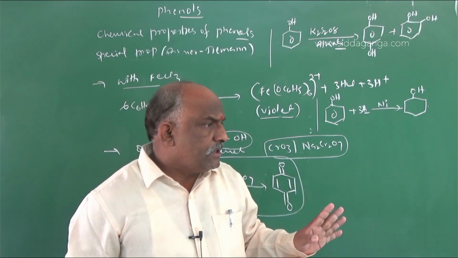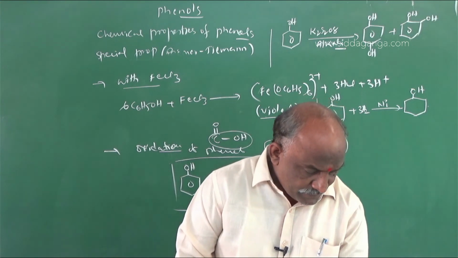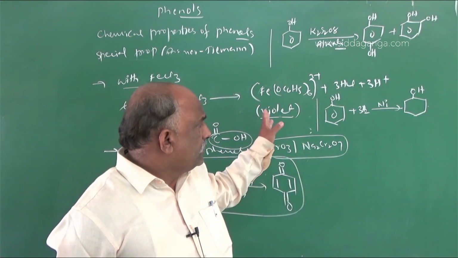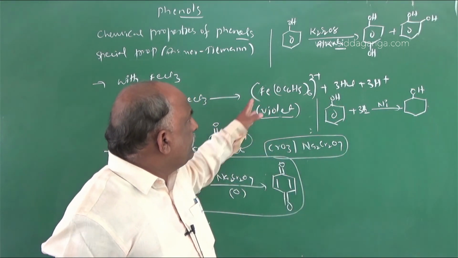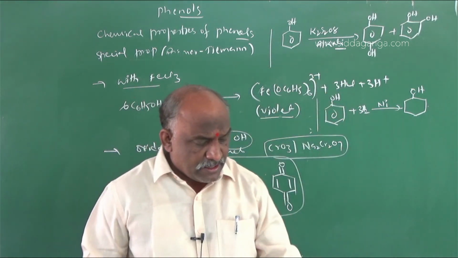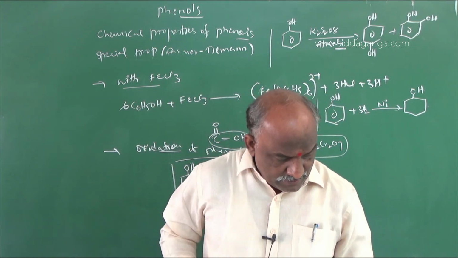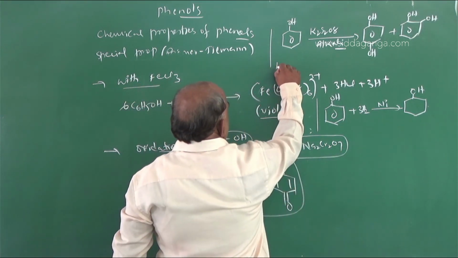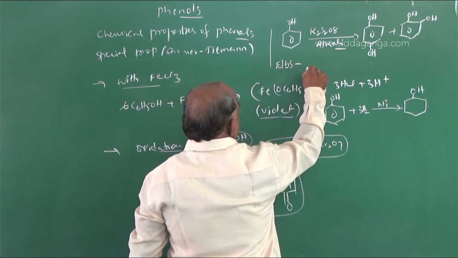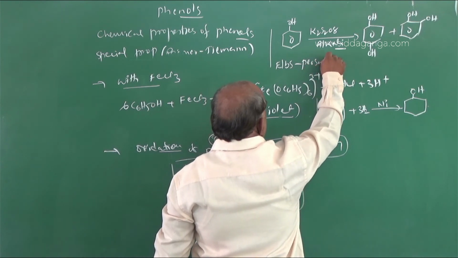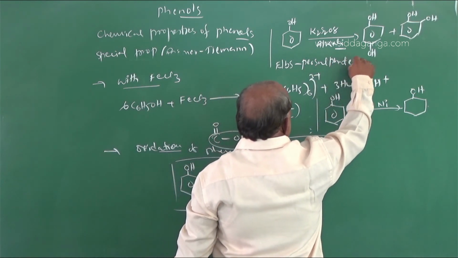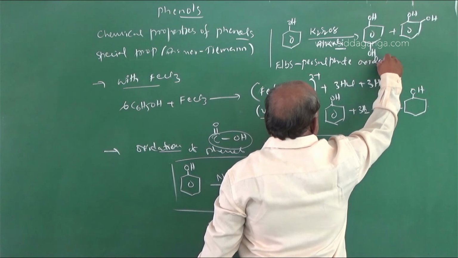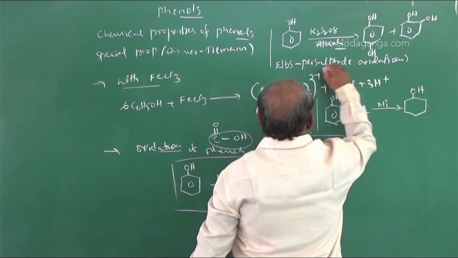So this is about the miscellaneous reactions regarding phenol. Here it is K2S2O8 in an alkaline medium. This is a named reaction, called the ELBS persulfate oxidation. Make a note, my dear students.